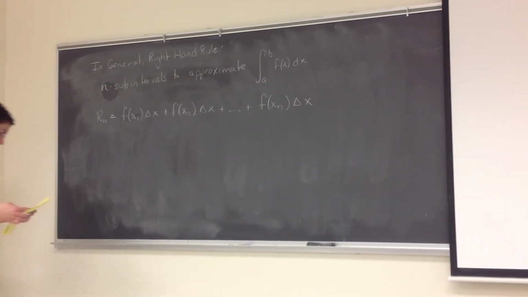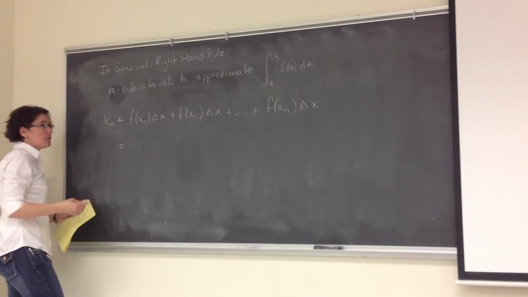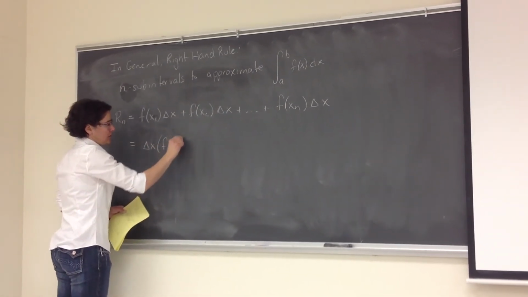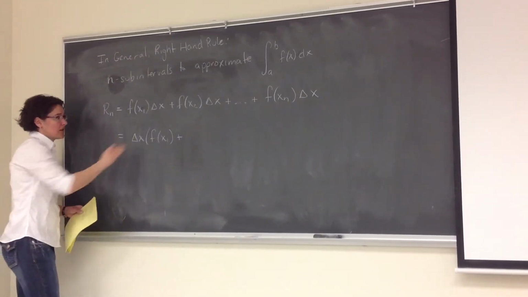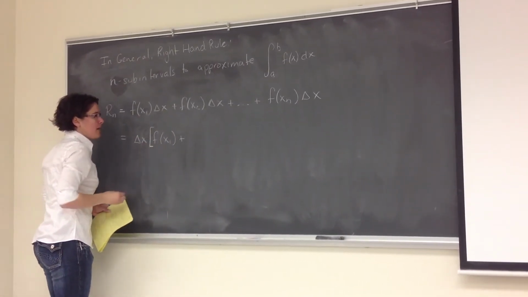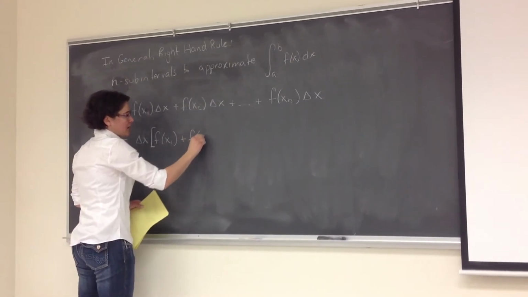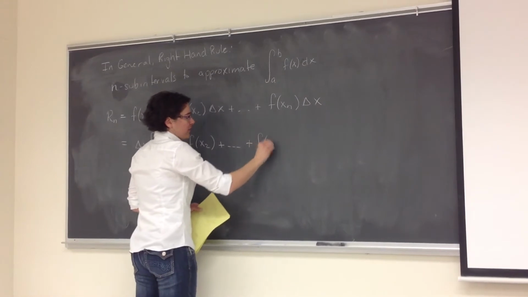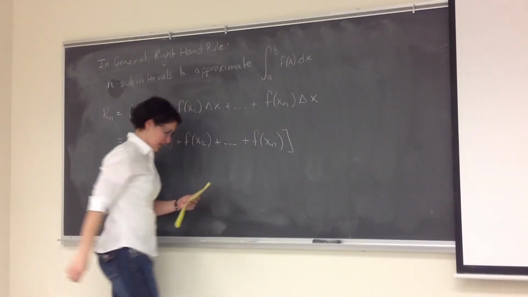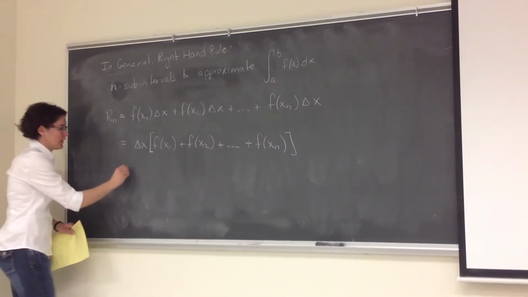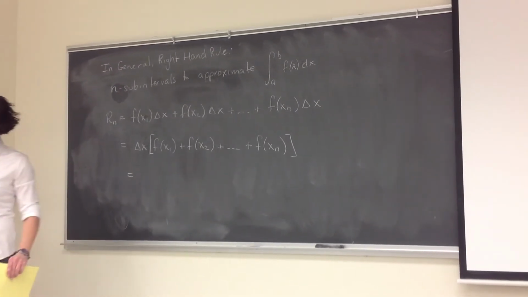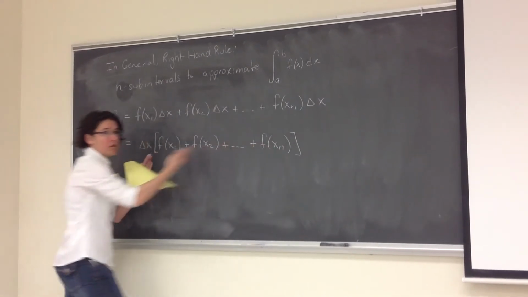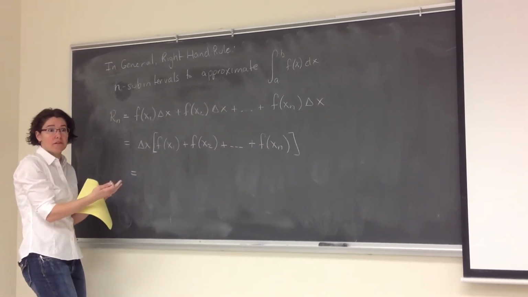And so these were the symbols that we used, and we can rewrite this a little bit. We can factor out the delta x, and we've got delta x times the quantity f of x1 plus f of x2 plus dot dot dot plus f of xn. And way back with the Riemann sums, you might remember that we took these really long sums and we crushed them down into summation notation.